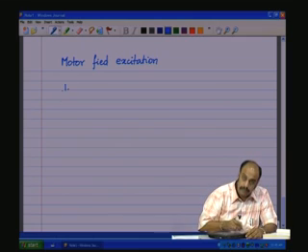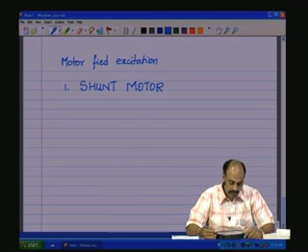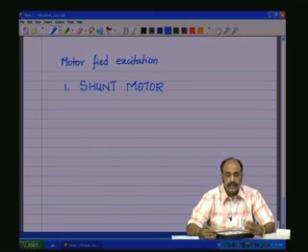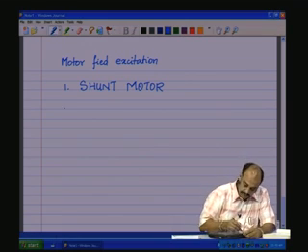First, the shunt motor. The name shunt motor is got from the fact that its field is excited by having the field coil connected in shunt or across the motor terminals.